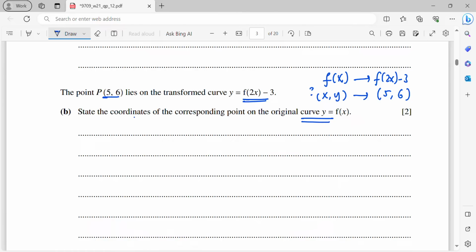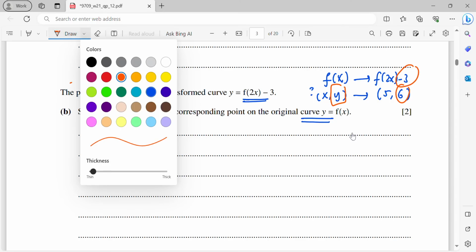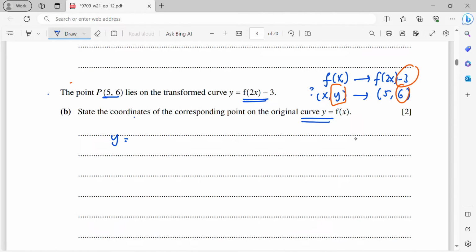Okay, so from here, since we know that the y has been moved down by 3 units, therefore for the original y, you must add back, right? You have to move up. So here I will easily get the y coordinate is going to be 6 plus 3, which is 9. And then now, this 2x is the stretch in the x direction with the scale factor half, right?